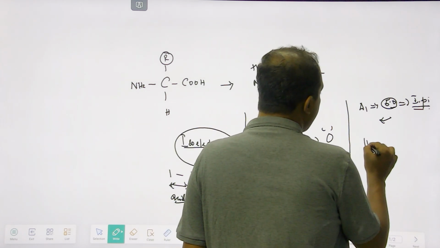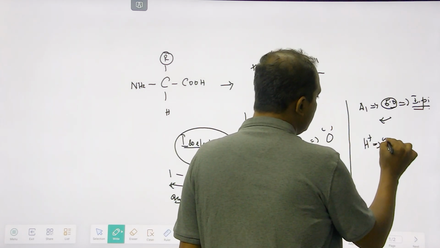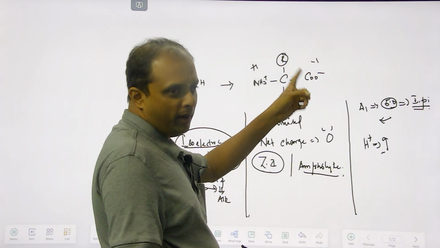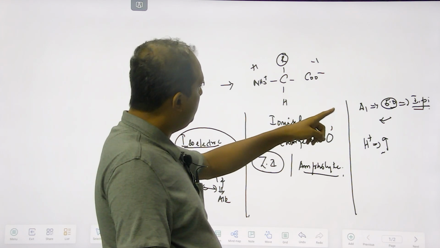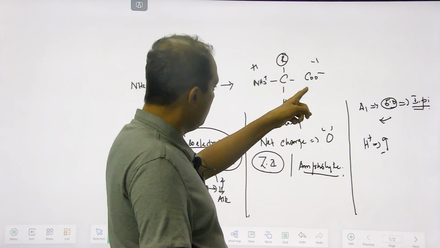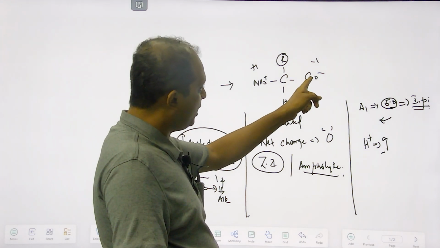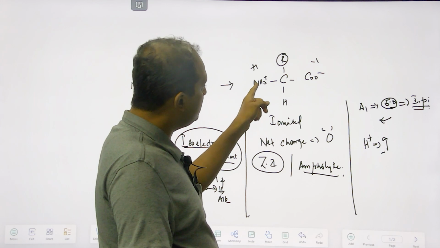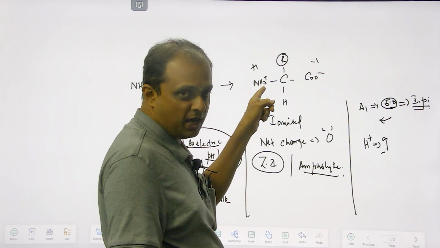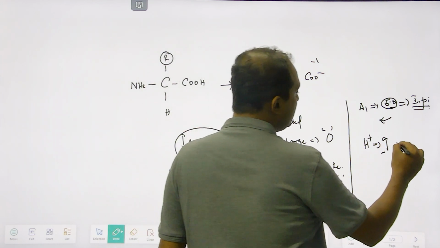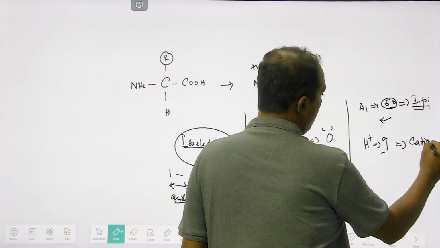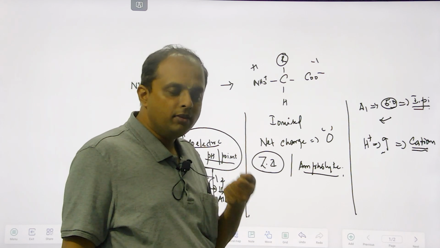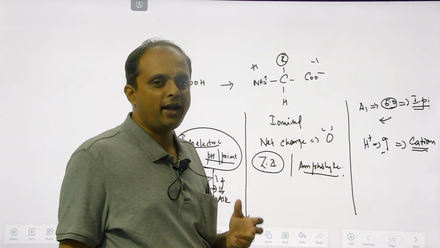So when you keep increasing the number of protons, the protons interact with the COO minus, so this becomes COOH. Rather than having a charge, this becomes neutralized. So your amino acid will have only the positive charge of the amino group. Hence, you get a cationic form. So the amino acid behaves as a cation when we bring down the pH from the isoelectric pH.